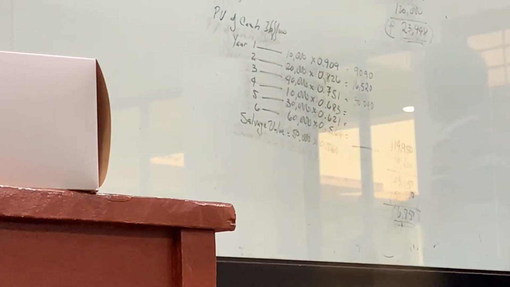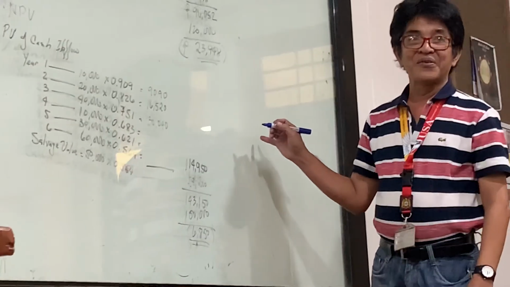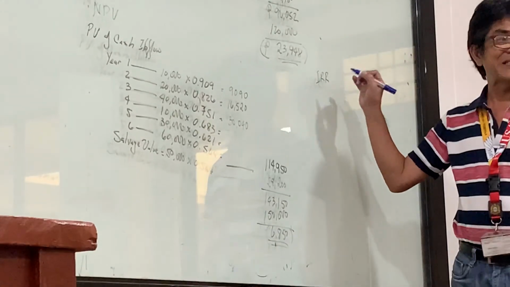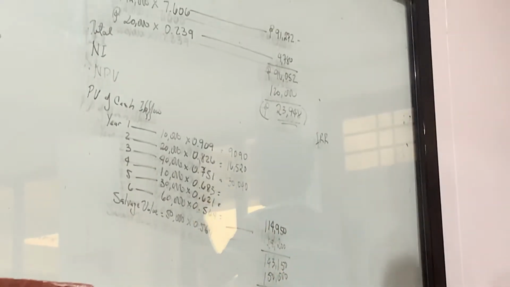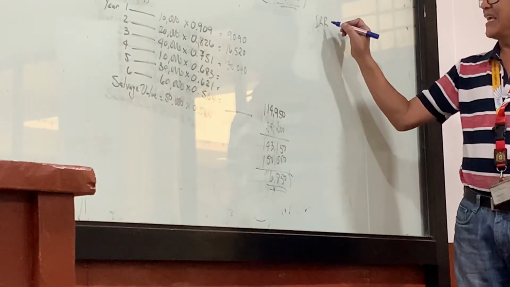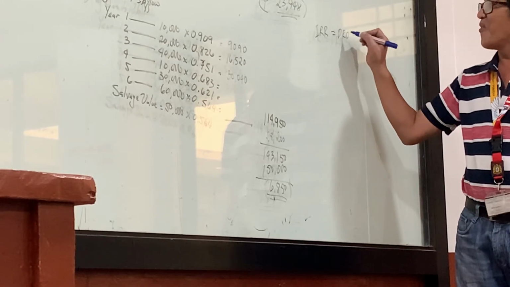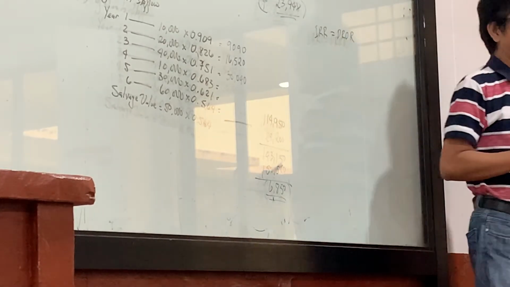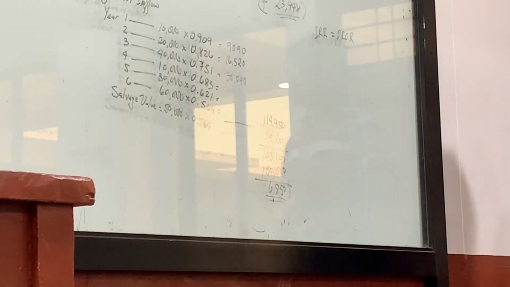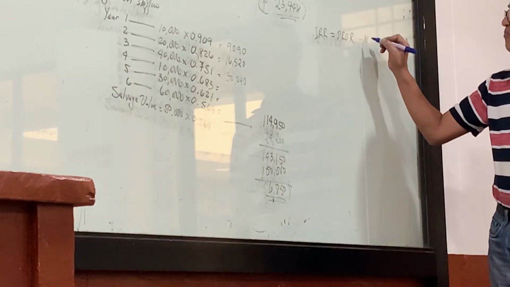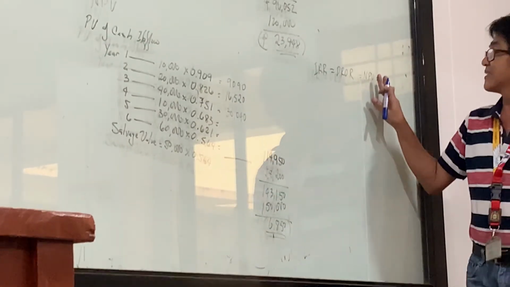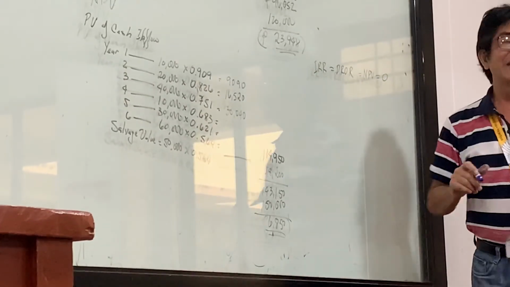Now, one key point. When your IRR, the internal rate of return, is equal to your DROR, the desired rate of return, the net present value is equal to 0.